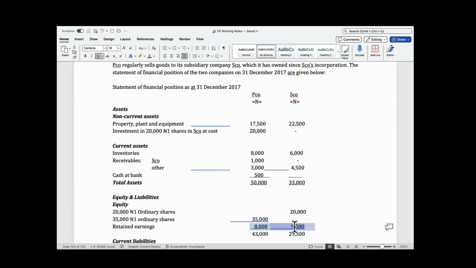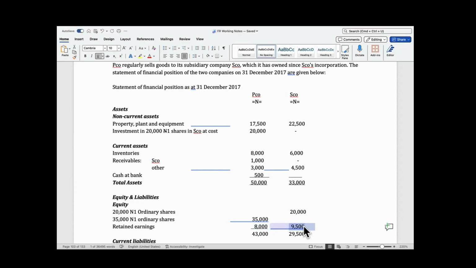Right, Michael? So what we're trying to say now, from what I've explained, you cancel out similar items. So I want to try and cancel out similar items. And I'm asking that because retained earnings is part of equity, that should we cancel out this? Canceling out means that we won't consolidate it.